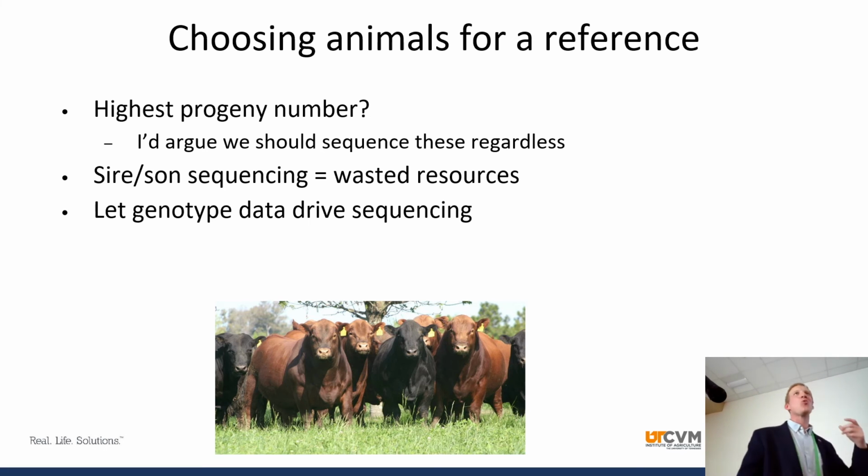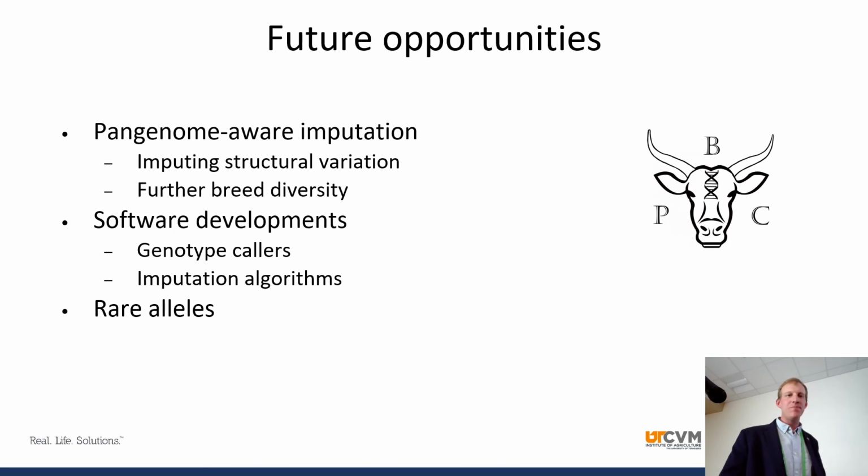See which haplotypes we're observing at high frequencies in the population, but that aren't represented by our already sequenced animals in the imputation reference. Utilize that genotype data to inform which animals get sequenced. So I think there's lots of ways to do this. We've done a little work with the American Simmental Association in picking out some high use sires that would add into an imputation reference down the line, and something that will continue to sort of fine tune how we do that animal collection.